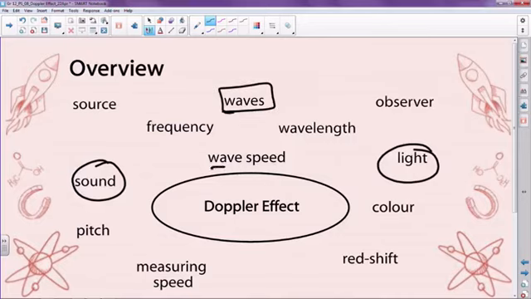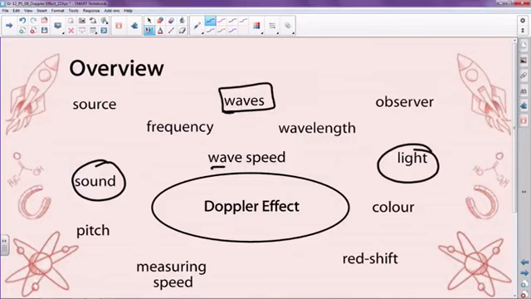We need to consider the observer, the person or the thing that observes or can detect the wave. And then what we're really concerned about in the Doppler effect is the relationship between wavelength and frequency, and how that then relates to the speed of the wave or the speed of the source and the observer. So those are really important as we put them together.